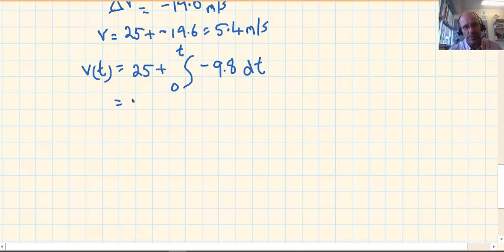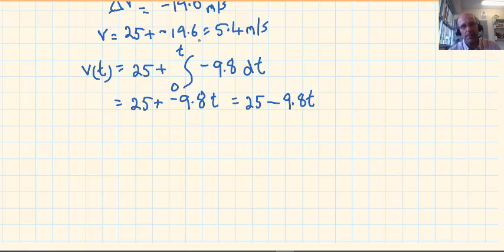If you did the definite integral, when you sub in the lower values they come to 0, and the upper values would become t, so 25 plus negative 9.8t. That can be written as 25 take 9.8t. So just recapping, that's our answer to part A.